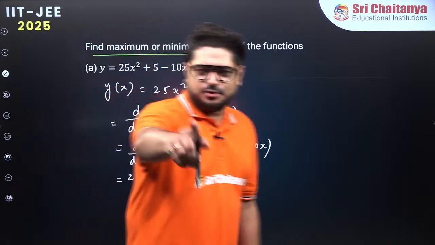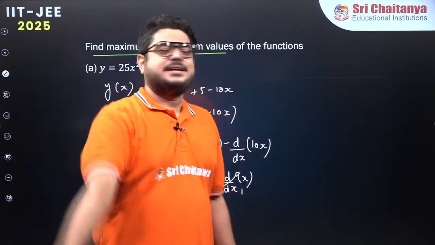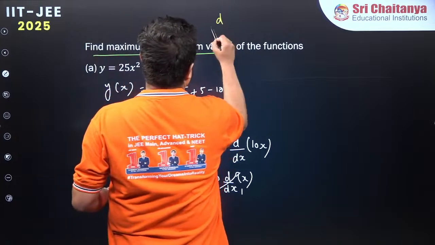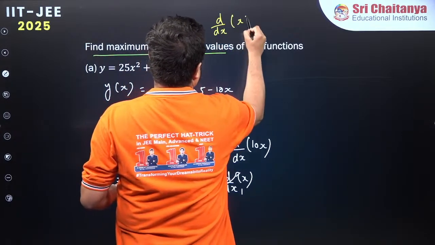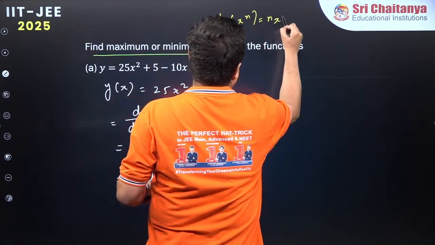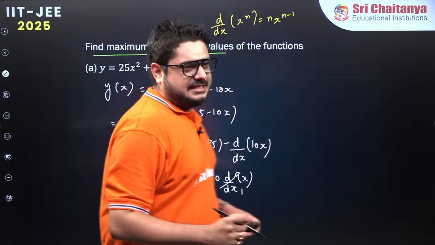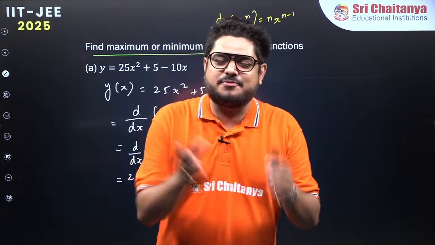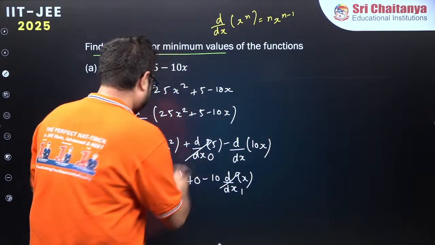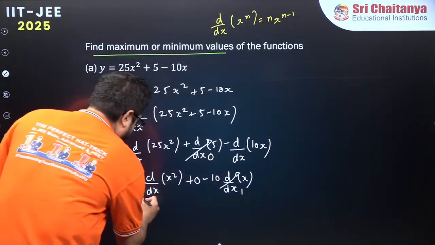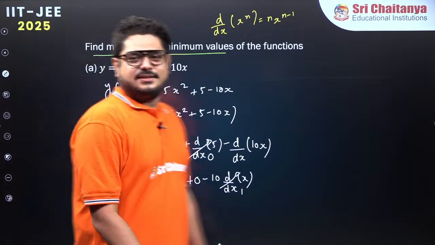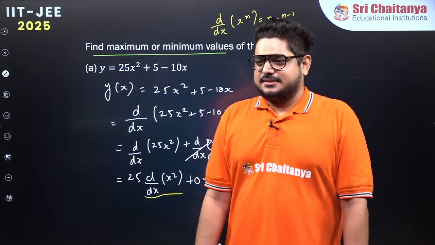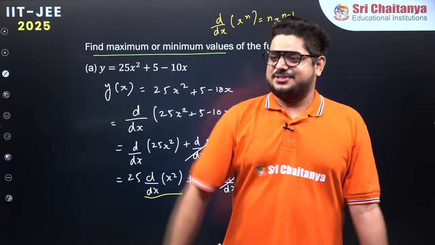Once again, for those who are new to this, we are using d by dx of x to the power n is equal to n into x to the power n minus 1, which I mentioned in the very first lecture session of mine, if you can recall. Exactly, it's going to be 1. That's correct. And what is going to be d by dx of x square? Please do mention it in the chat box.